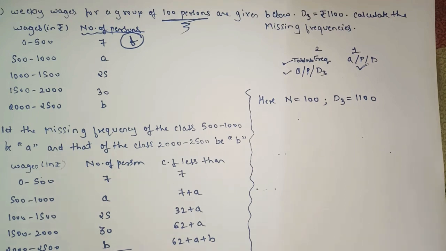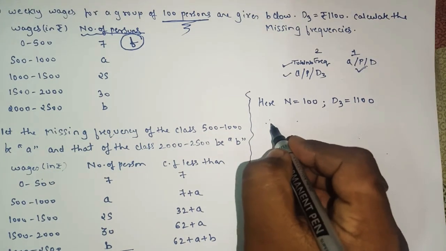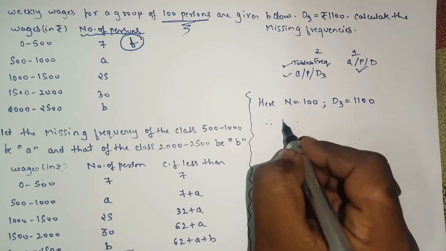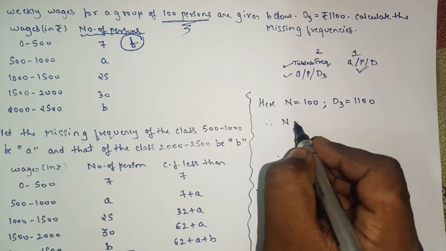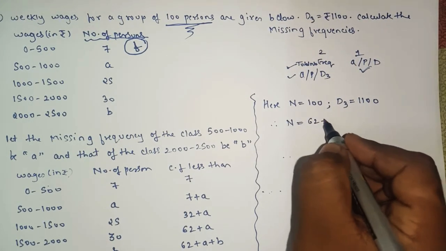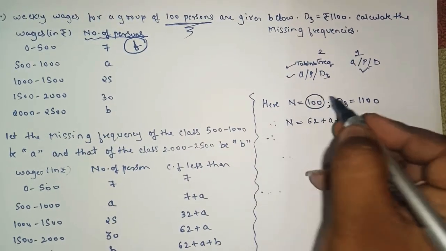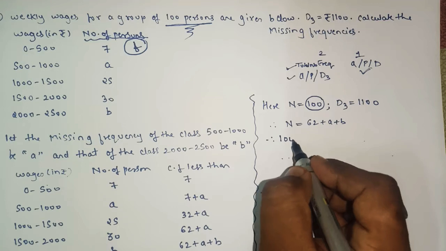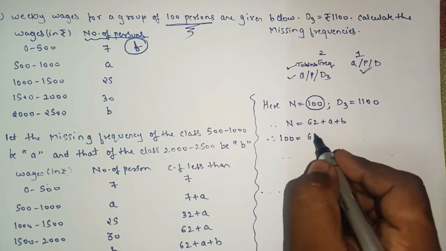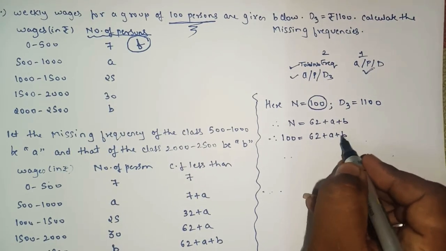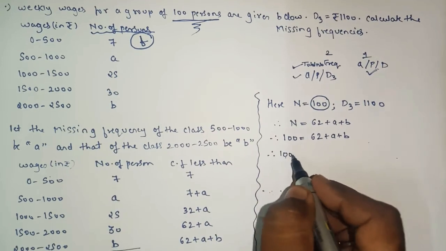Okay, got the point? Now as we know that n equals 62 plus A plus B, and we have the ready-made value of n as 100. So in place of n we'll put 100 equals 62 plus A plus B. So one side alphabet, one side number.